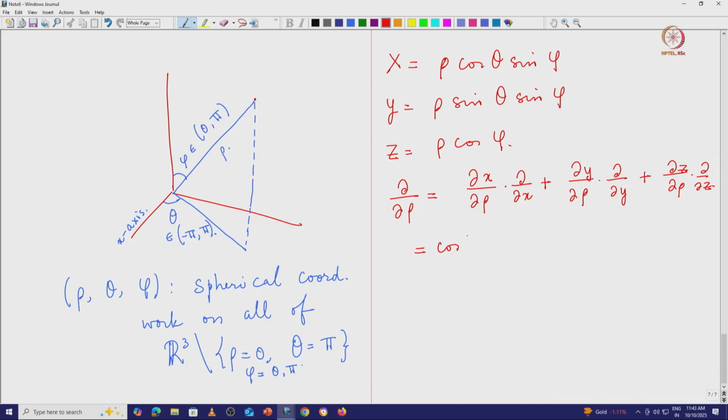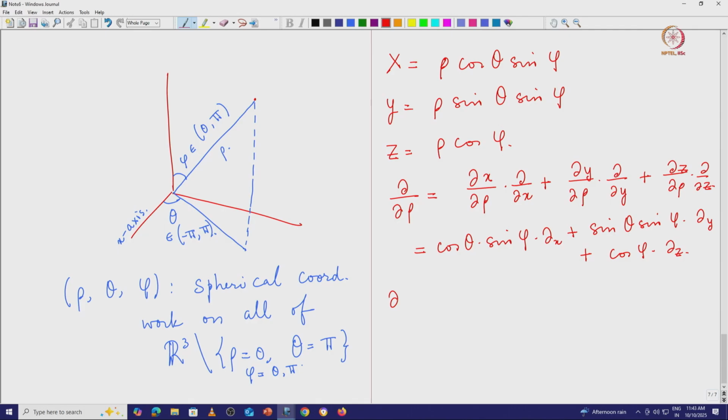That's just cos theta sin phi del x, plus what is del y by del rho? That is just sin theta sin phi del y plus cos phi del z.